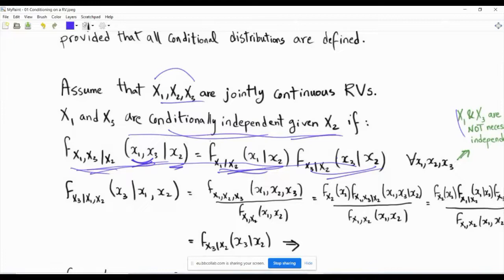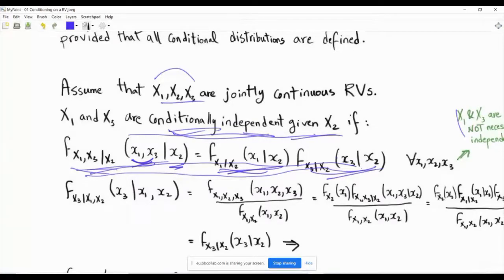It's not necessarily true that x1 and x3 are independent, which means it's not necessarily true that the joint PDF of x1 and x3 can be written as the PDF of x1 multiplied by the PDF of x3. This may happen or may not. So the notion of conditional independence does not necessarily imply the notion of independence. Conditionally independent given x2 just means this thing here. Okay.